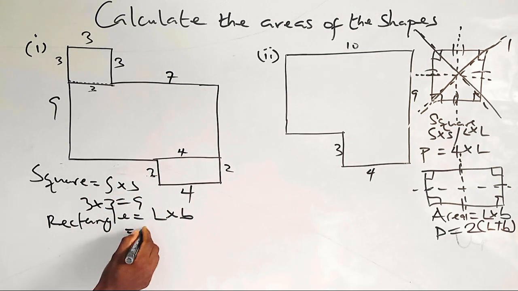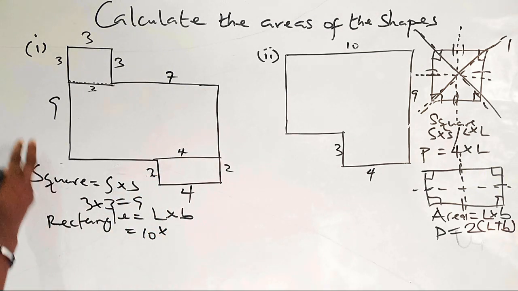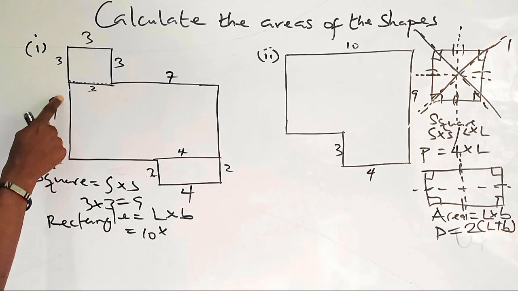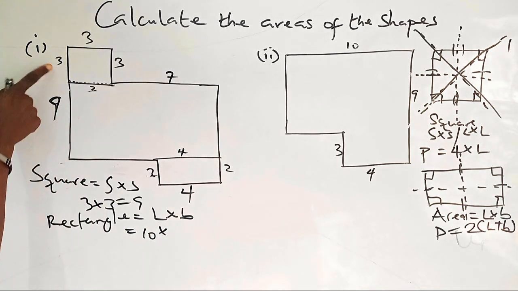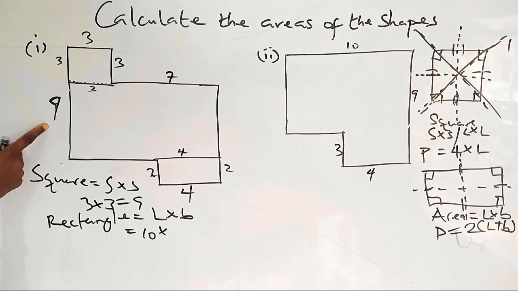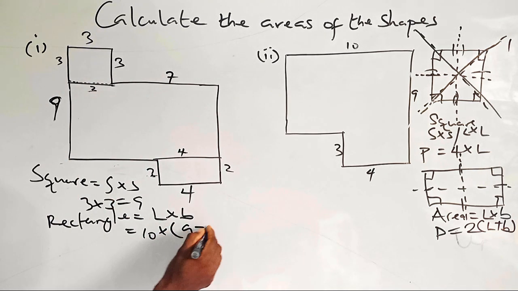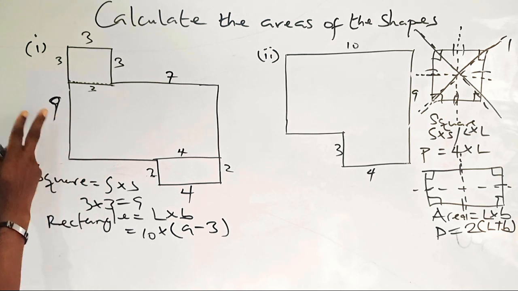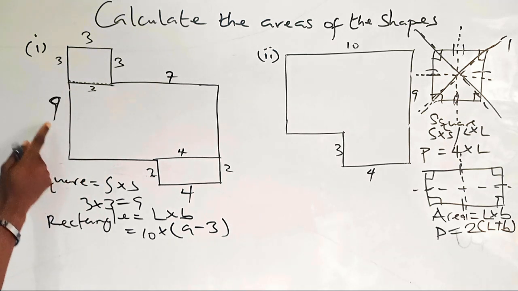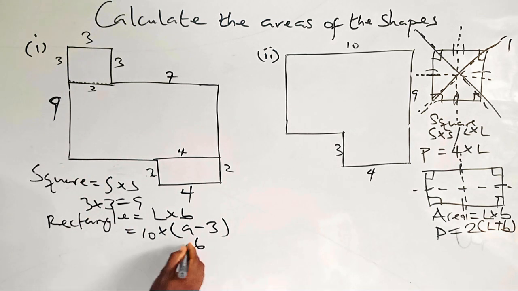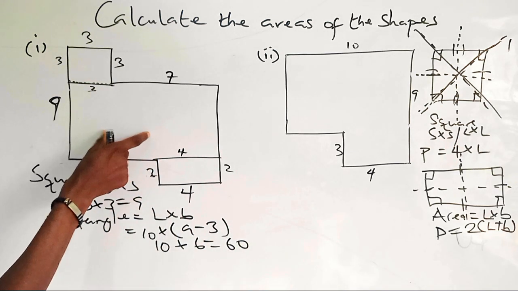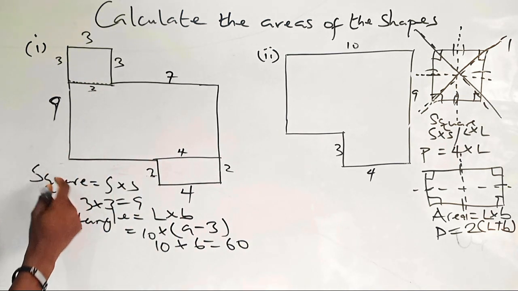So my length is 10. When I look at my width, I cannot use 9, because out of this 9, 3, which is part of this square, I have to remove from 9. So I say 9 minus 3 to determine the right dimension, and 9 minus 3 is 6. So 6 times 10, I have 60 as the area of the inner rectangle.